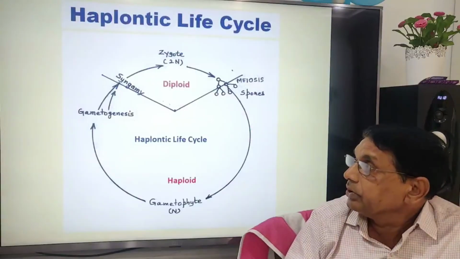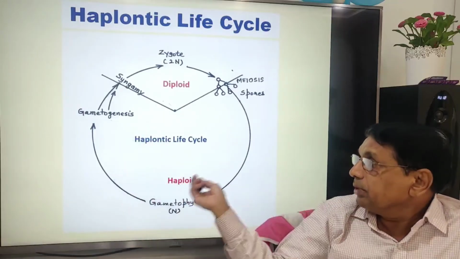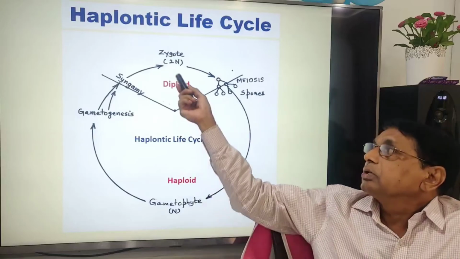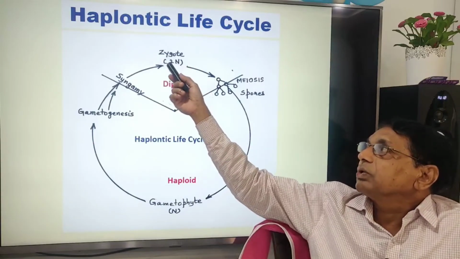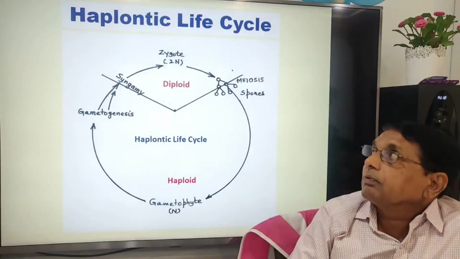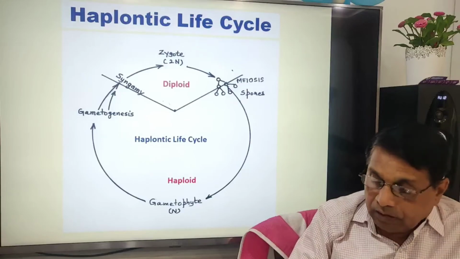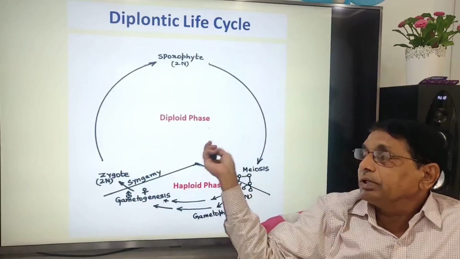Bryophytes, pteridophytes. So this is haplontic. You can see the gametophytic phase or haploid phase is dominant. The sporophytic phase, diploid phase, is restricted, confined to the zygote only. Therefore, it is a haplontic life cycle. Diplontic: you can see the diploid phase is dominant.